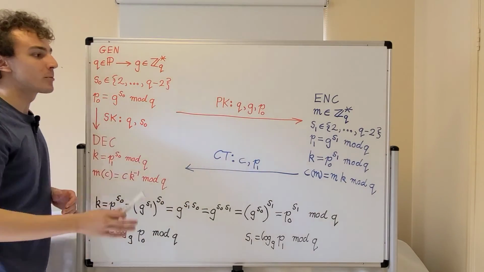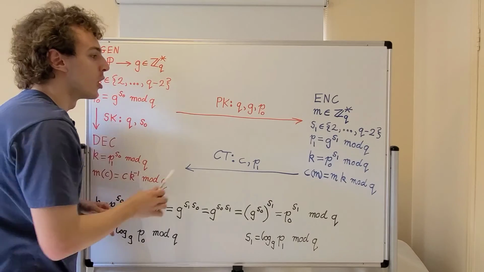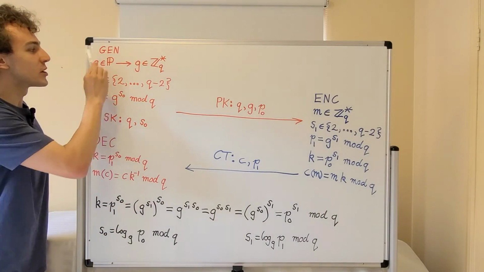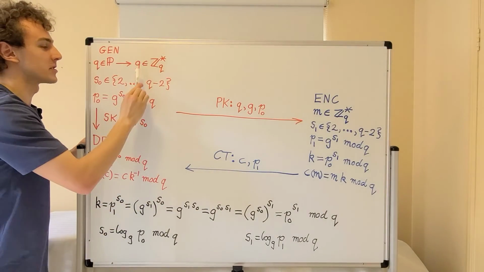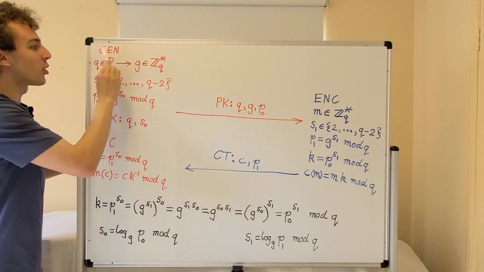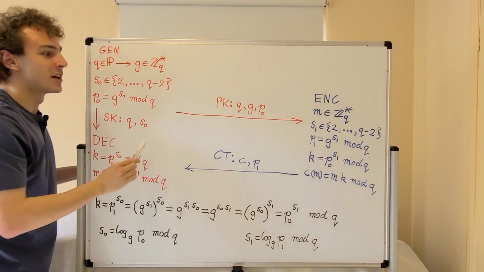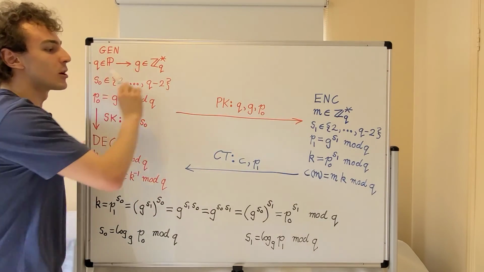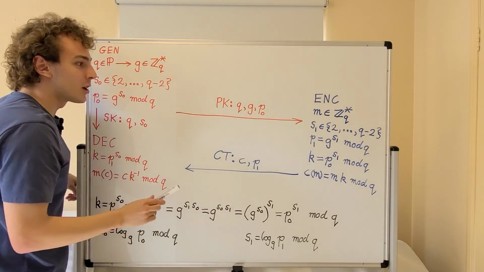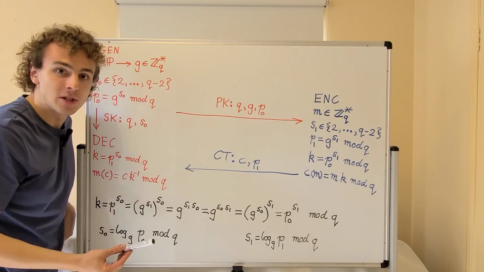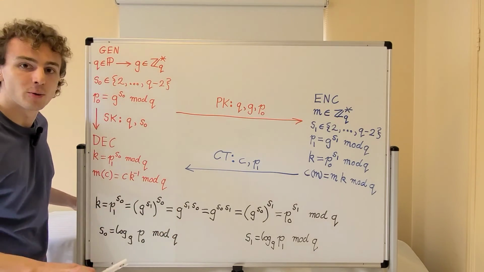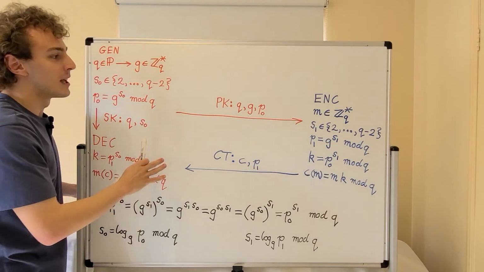There are other ways to perform cryptanalysis on this system. One way is to take advantage of the choices of these primes and generators. But these primes are really large in practice, so it is very difficult to perform cryptanalysis on this type of public key crypto system. So as long as we're only dealing with classical computers and we don't have access to quantum algorithms, this crypto system is safe.